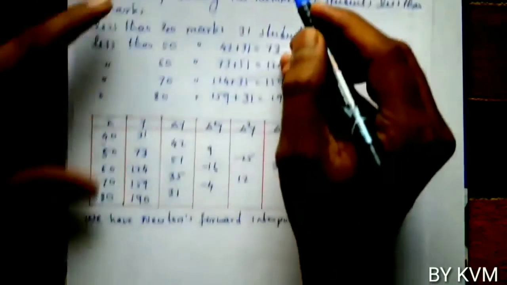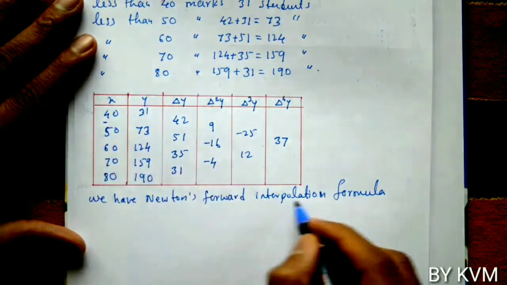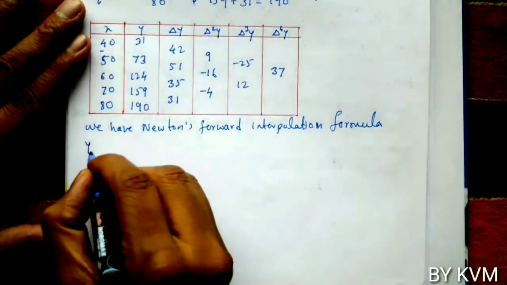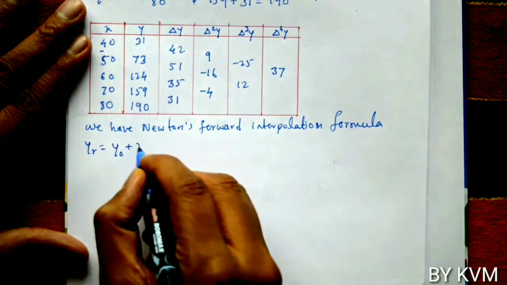Less than 45 means it comes in between 40 and 50, and 45 is very close to 40, the first value of x. So you use Newton's forward interpolation formula.